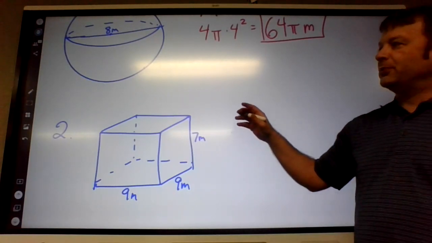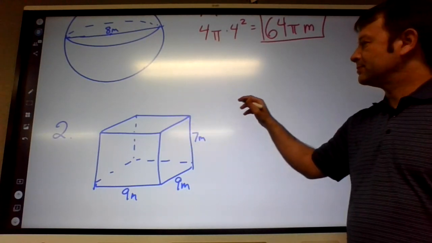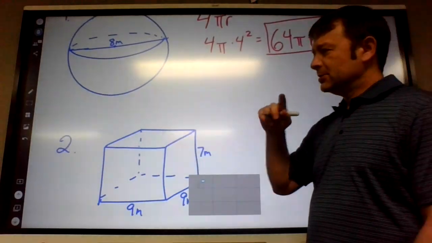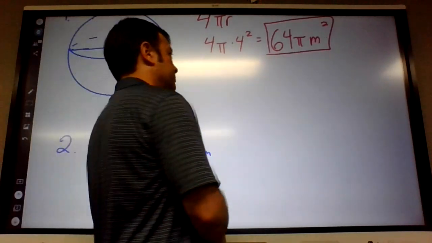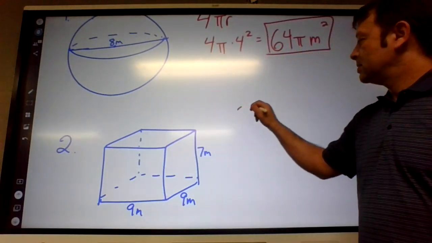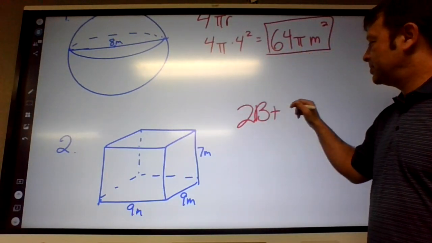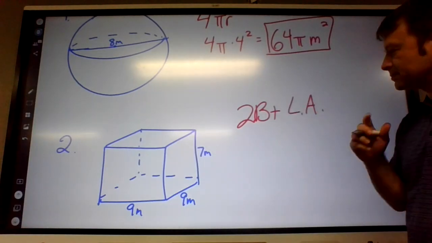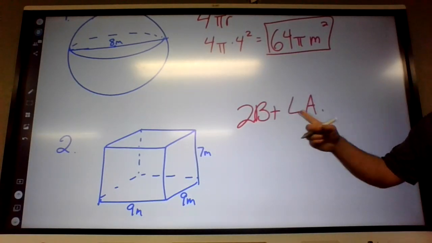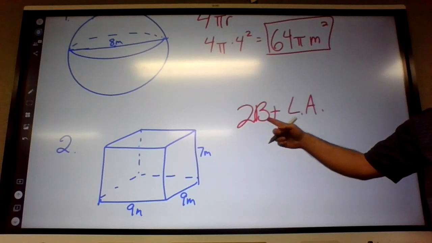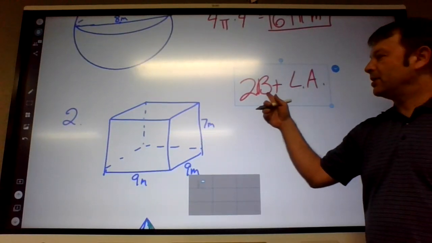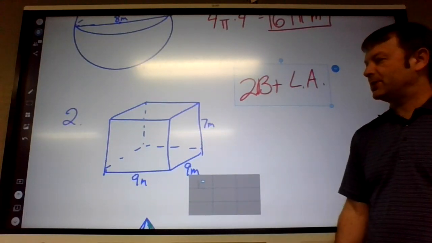All right, so the formula over there, should I put it? Yeah, that's probably the best I can do. Says this. But what's this stand for? Base area. And on this prism, what is the base?